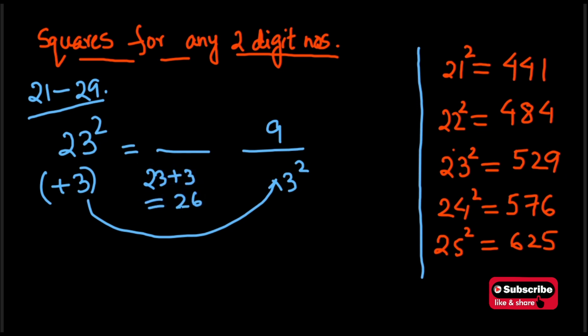It will be 26, and after that 26 will be multiplied by 2. Now the number becomes 52. So the answer is 529. So remember the base is 20, and it will give a three-digit number.